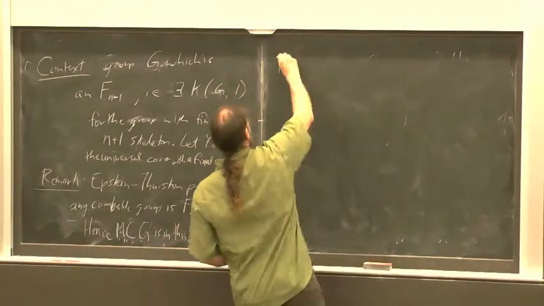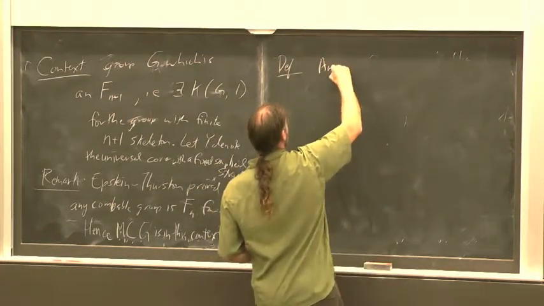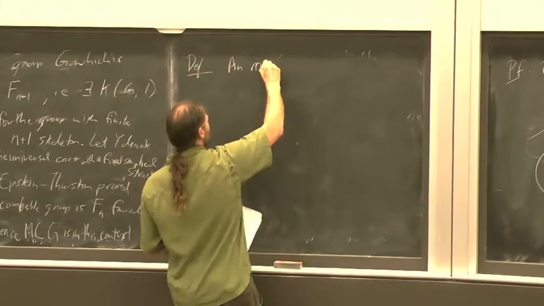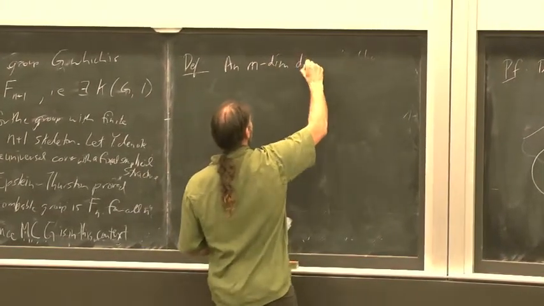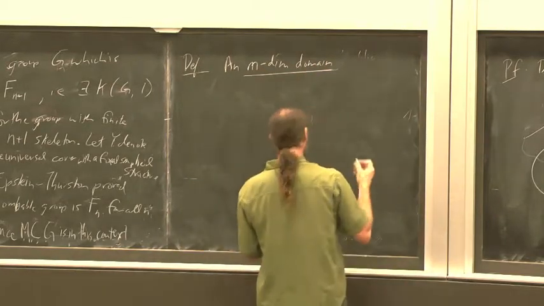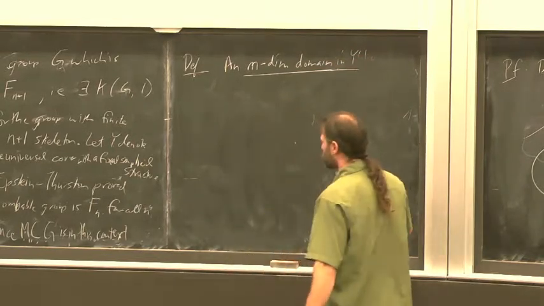So the next definition is that an m-dimensional domain in Y. Okay, so I fix this space Y, one of these spaces, the cover of a group that has a K(π,1) with a finite n+1 skeleton.